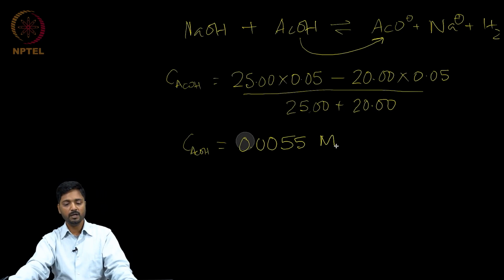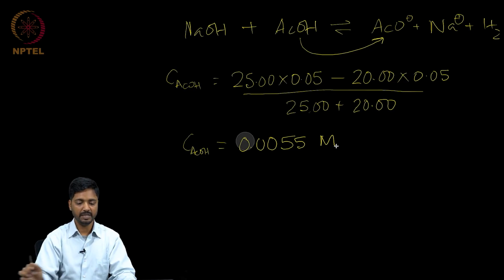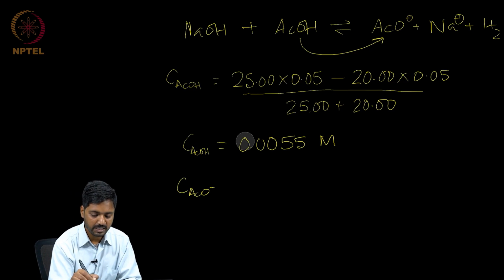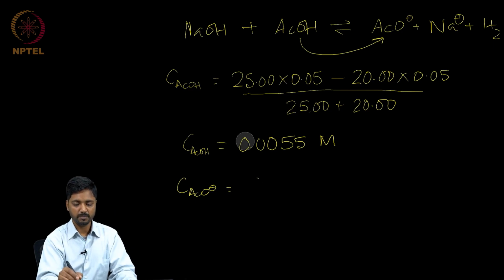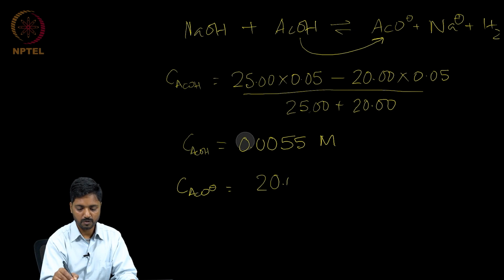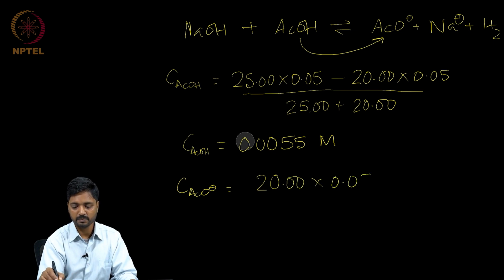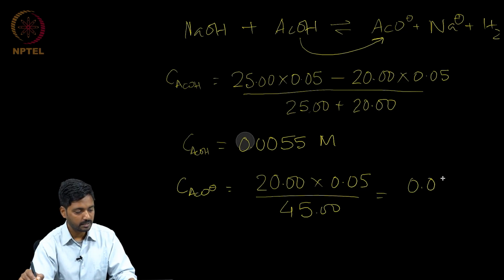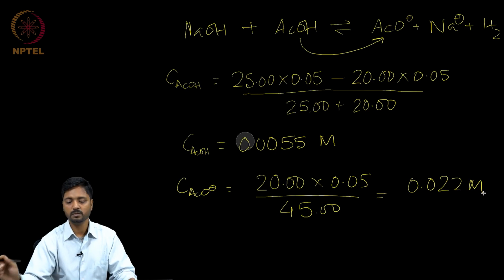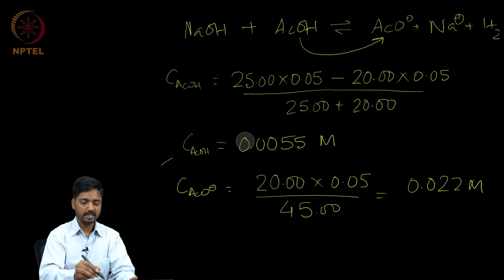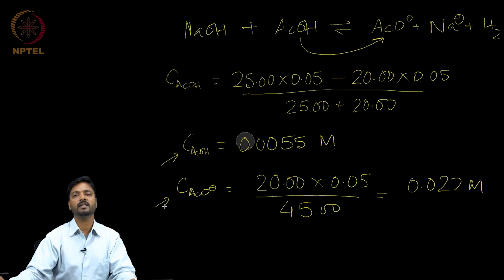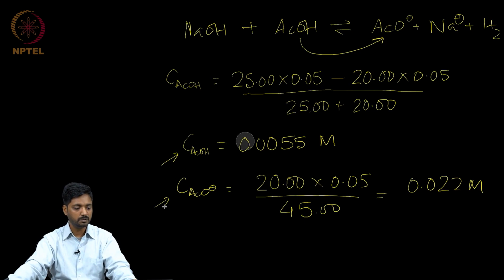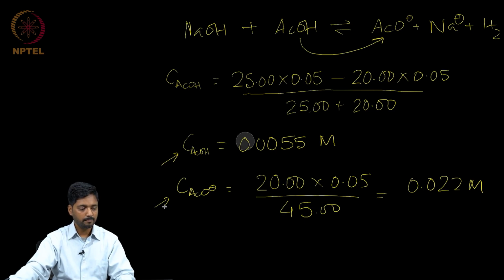Now, from here we will also be able to calculate the concentration of acetate anions in the medium, which will be nothing but the amount of sodium hydroxide that has been added to the medium divided by the total volume of the medium now, and this turns out to be 0.022 molar.